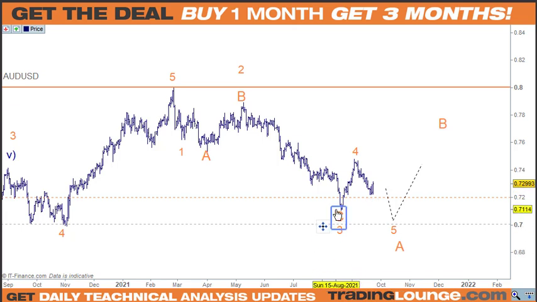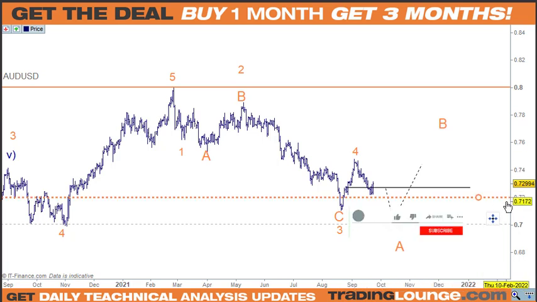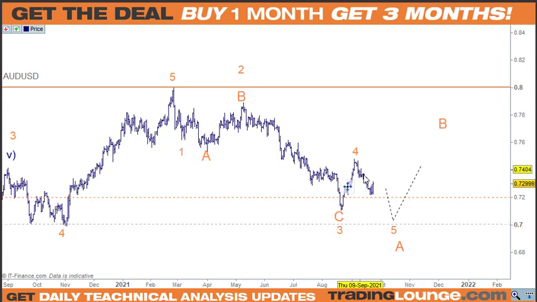It's possible that we've got the A, the B and the C in play here, and we can move up as an A wave or wave 1 and back here and then continue to the upside. If the 72 becomes the resistance, then we'll need to look at this as being a 5 wave structure to the downside. So we're still just a bit of a rock and a hard place here for the moment with this. It's a daily chart for the Aussie.